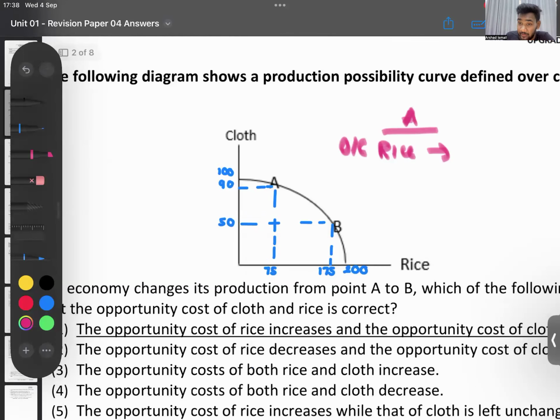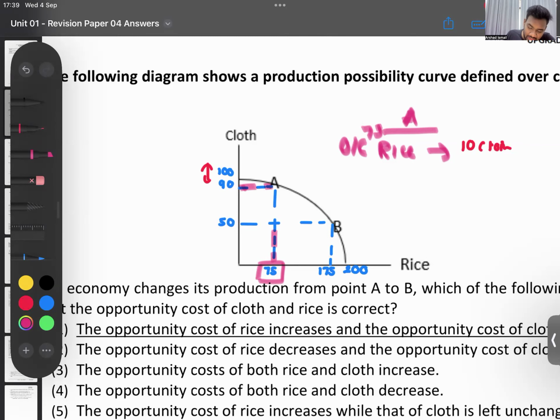We are producing 75 units of rice. Because we are producing 75 units of rice, how much of cloth can't we produce? That's the opportunity cost. The opportunity cost of producing 75 units of rice is 10 units of cloth.